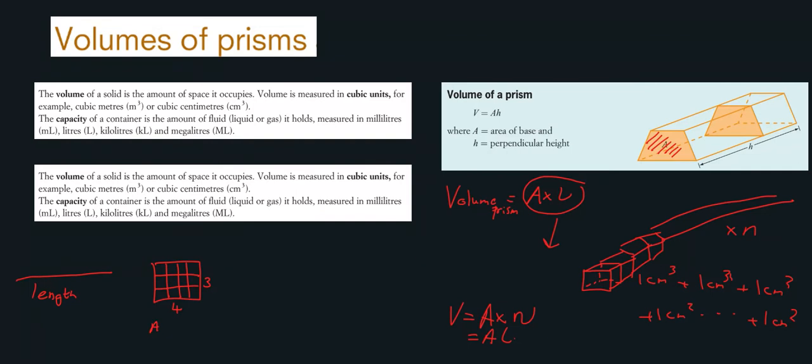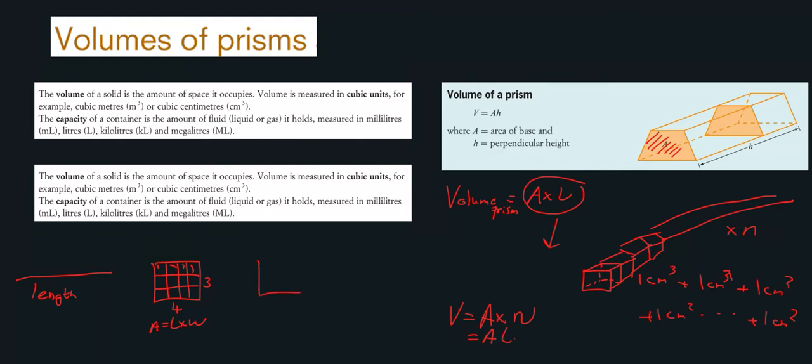We can count them 1, 2, 3, 4, and it's not too bad for this shape because there's only 12 of them. Say we have a shape with a side length of 1 billion. It's going to be really laborious to count all the squares, so we can just multiply length times width.